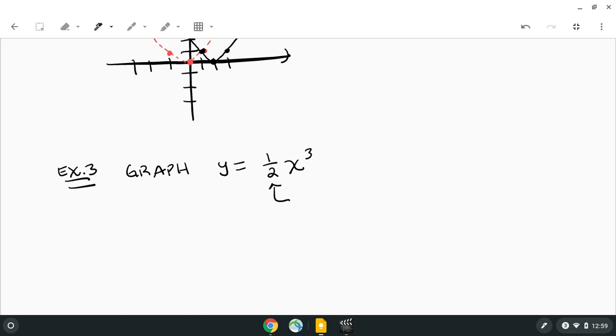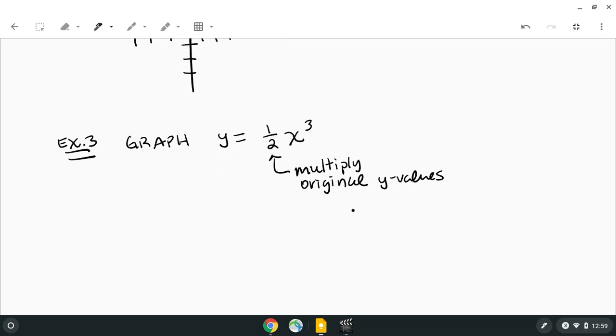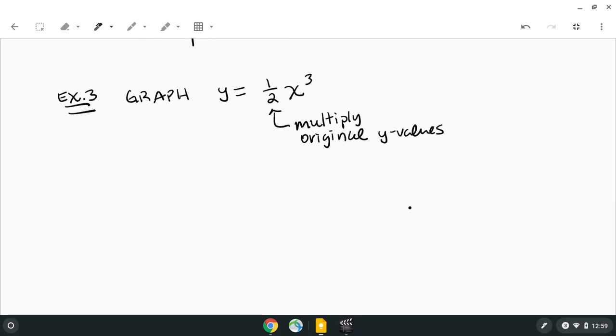If it's between 0 and 1, like 1/2, it's going to shrink it. So we are going to multiply the original y values. The parent function is x cubed, which is the snake. So let's go ahead and plot those 3 original points.